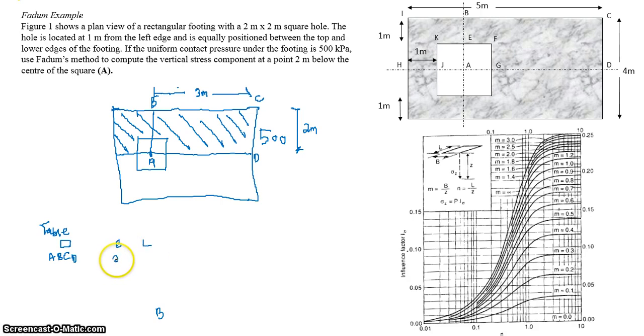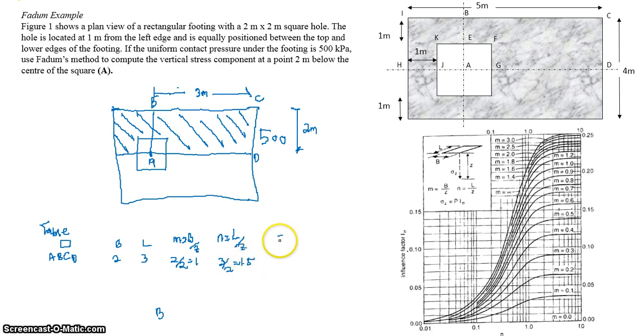Of course this is 2 meter and 3 meter. So m is B over Z, so 2 divided by 2, you get 1. And n is L over Z, so 3 divided by 2, you get 1.5.